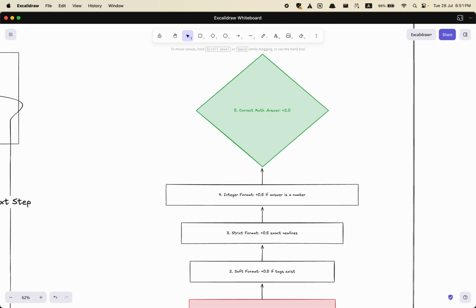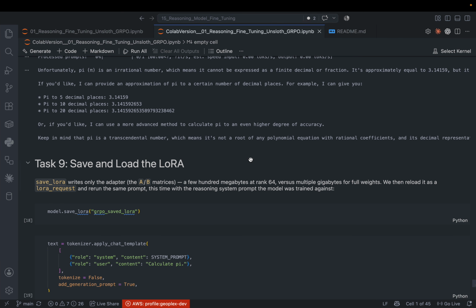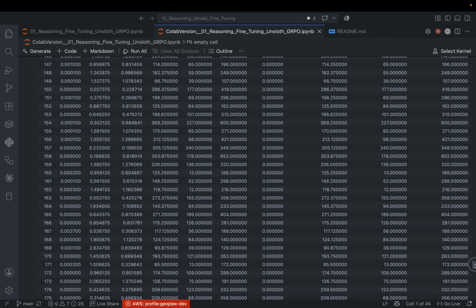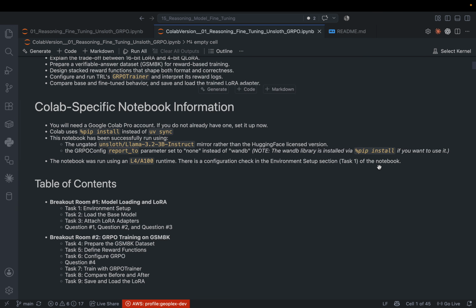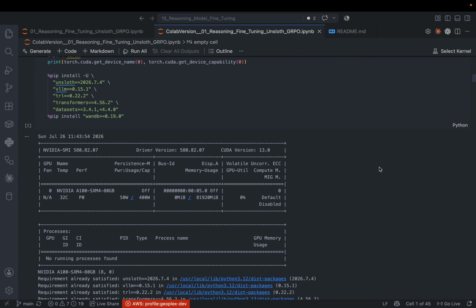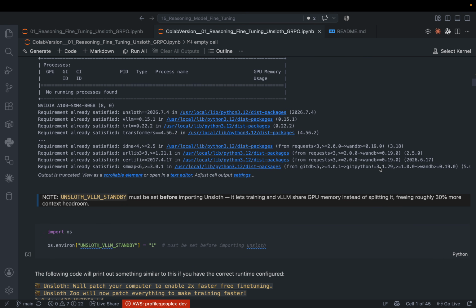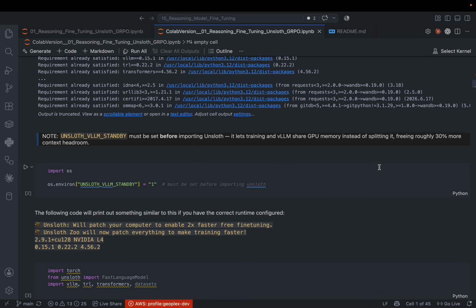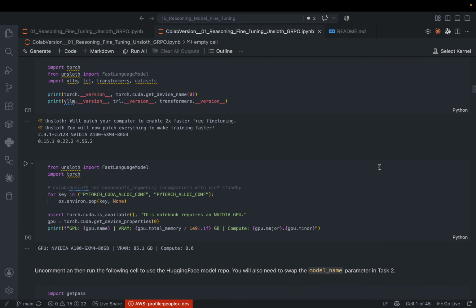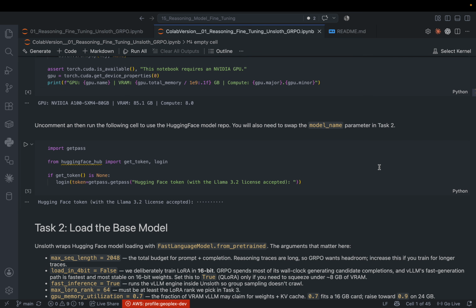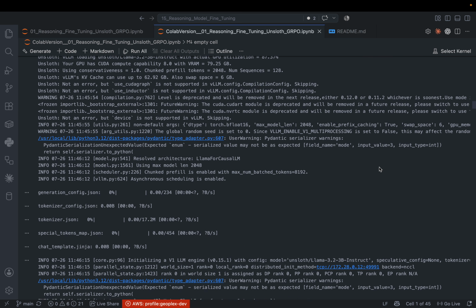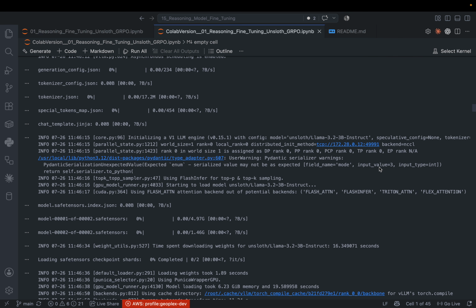So we did this, and we went through it all in this workbook, and you can see all the training runs and so on. It was quite interesting to see and work through, and to understand the reward mechanisms you want to use for your given scenario.